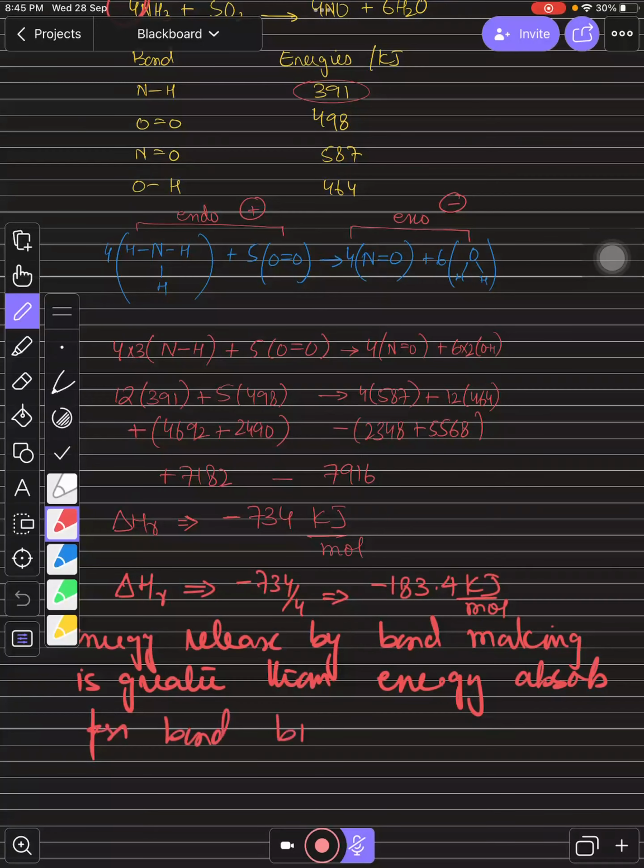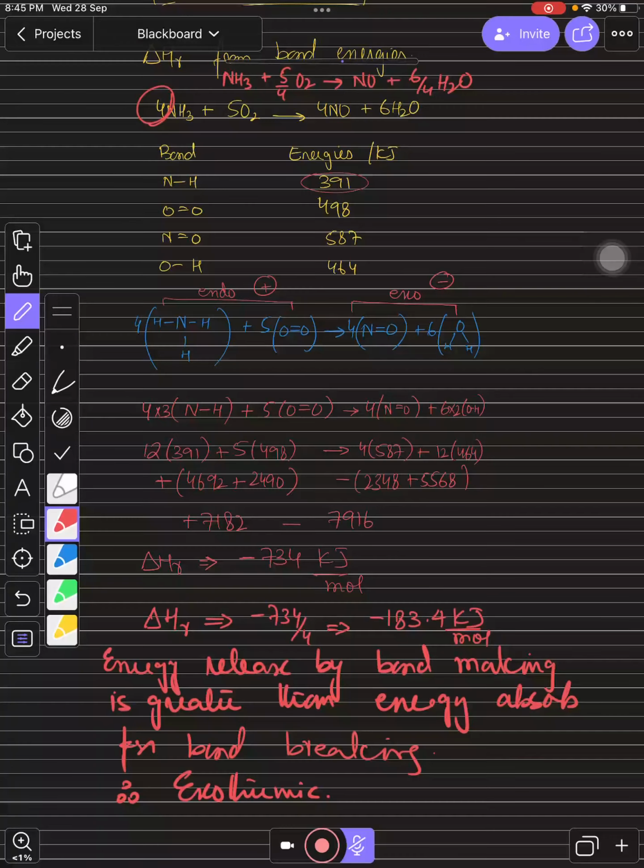That is why the overall reaction is exothermic. In this reaction, bond breaking and bond making are occurring at the same time, but overall the reaction is exothermic because the energy released by bond making is greater. So that is why the overall reaction is exothermic.